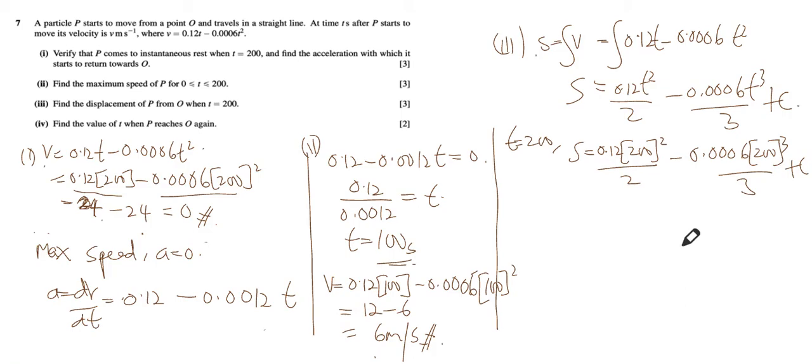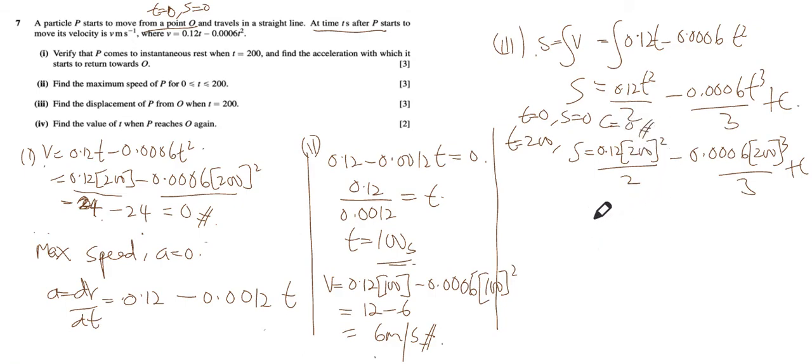We haven't found what C is yet. If you look at the question, time only starts after P starts to move. At point O, t equals 0, so S equals 0. Substituting t equals 0, S equals 0, therefore C is also 0.